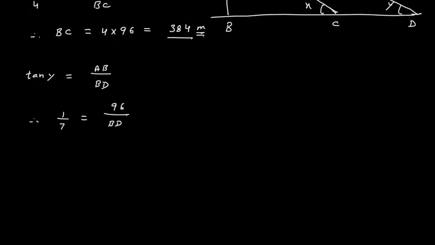So the value of BD is equal to 96 into 7. So 7 6s are 42, 4, 7 9s are 63, 63 plus 4 is 67. So 672 meter. This is BD.